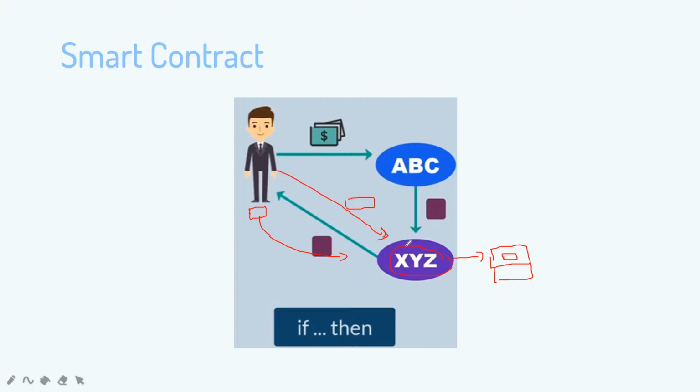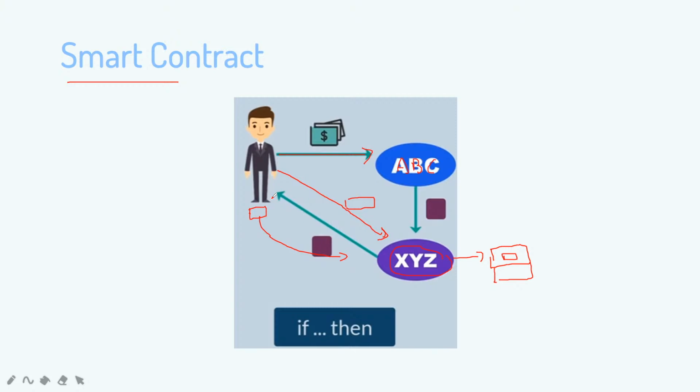So what we are doing here is a smart contract. The concept of a smart contract using blockchain is that I have another organization, the ABC organization. I transfer the amount to the ABC organization, and then the laptop is transferred to the respective person.